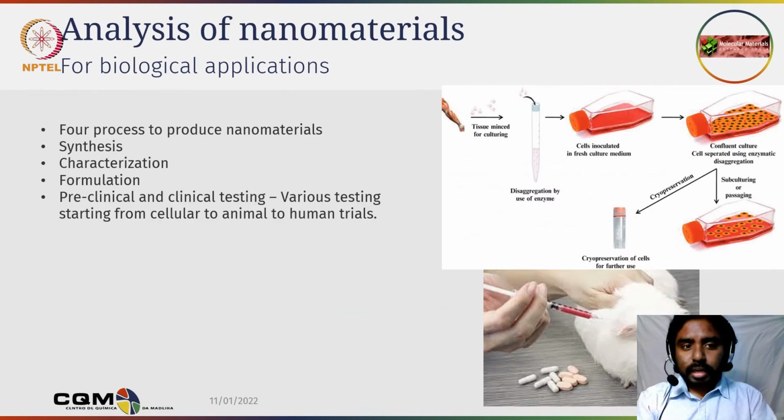And finally, after all these procedures, before your application comes preclinical and clinical testing. For preclinical testing, you can use cell cultures and biomolecular analysis, and then it ends in animal to human trials. So this is how you will develop your nanomaterials for any application, and especially for biological applications, right?